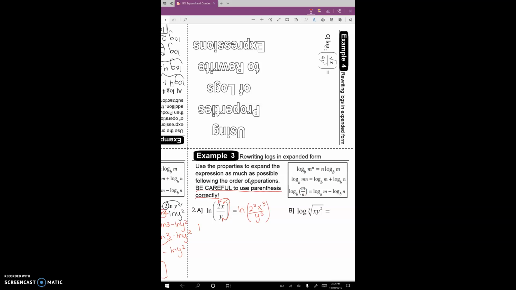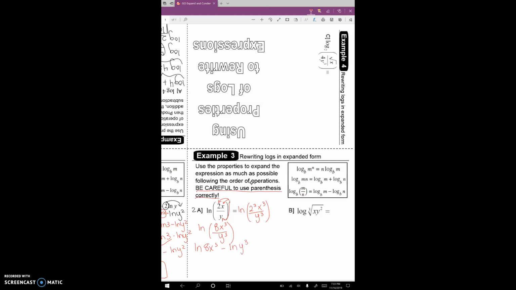2 to the power of 3 just becomes 8x cubed, y cubed. After, I know that these are dividing, so those are going to split up into the natural log of x cubed minus the natural log of y cubed.